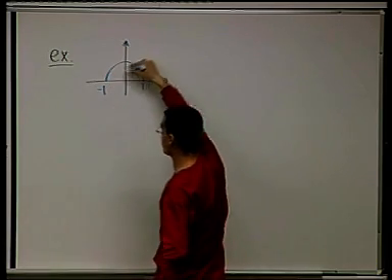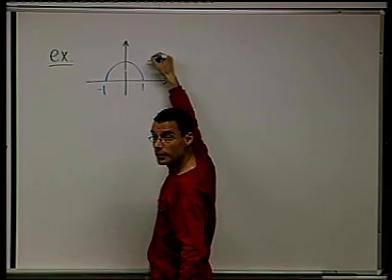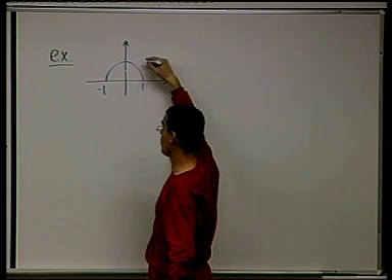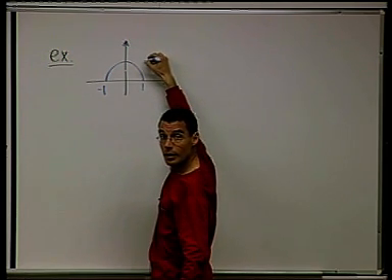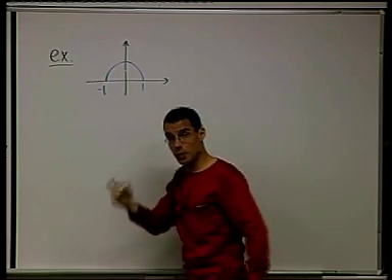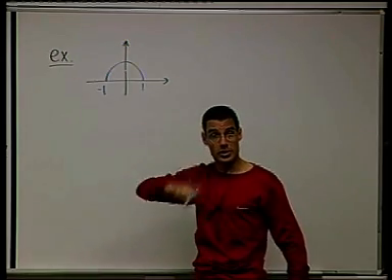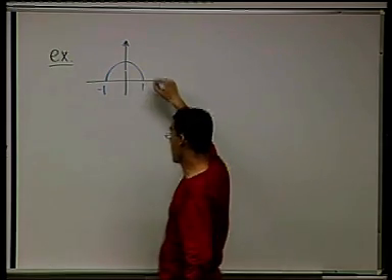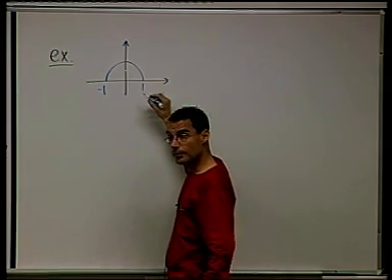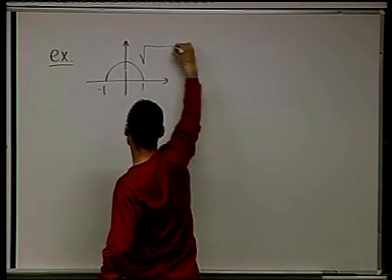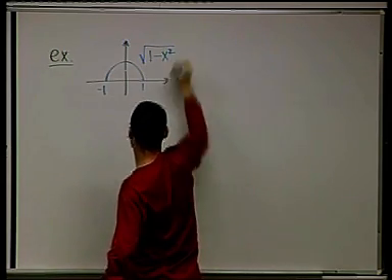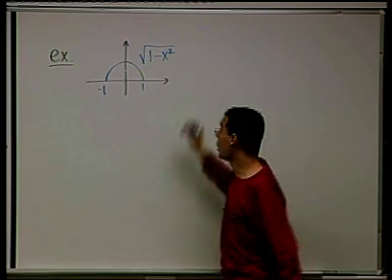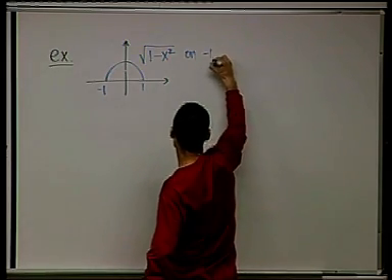What's the function here? It's a circle of radius 1. X squared plus y squared equals 1. Right. X squared plus y squared equals 1 is the circle itself, but that's not a graph of a function. What's just this upper semicircle? Right. This is the function root of 1 minus x squared. Do you agree? On the interval -1, 1.